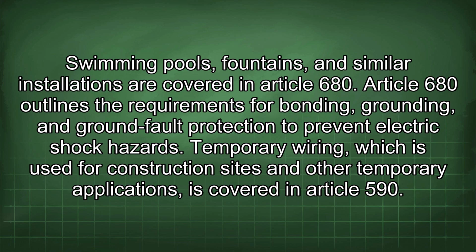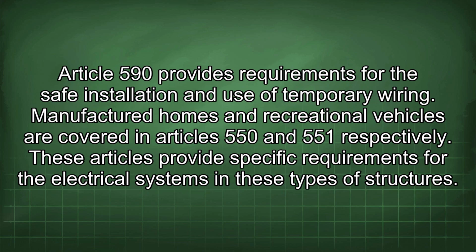Temporary wiring, which is used for construction sites and other temporary applications, is covered in Article 590. Article 590 provides requirements for the safe installation and use of temporary wiring. Manufactured homes and recreational vehicles are covered in Articles 550 and 551 respectively.